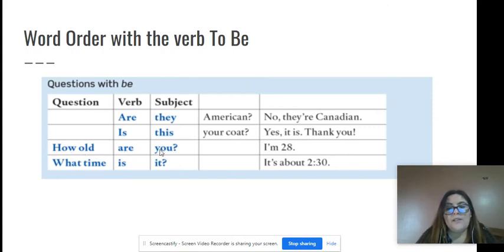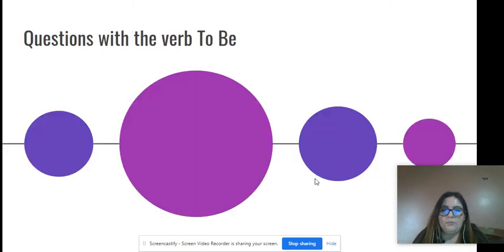As we are asking for specific information, we need to answer that question with that specific information. In this case, we have how old, la edad. So we need to answer that question with una edad, in this case, 28. And then you have what time is it, qué hora, and we need to answer with the time.